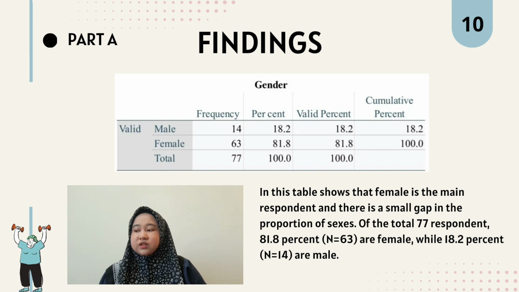This slide shows that females are the main respondents and there is a small gap in the proportion of sexes. Of the 77 respondents, 81.8% and, for frequency, 63 are female, while 18% are male.